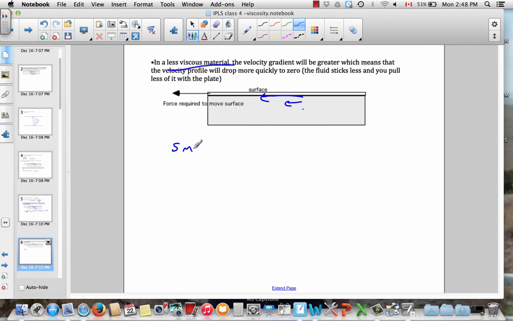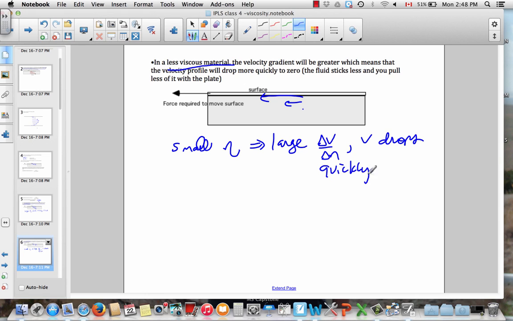So for a small viscosity, there's a very large value of the gradient, and the velocity drops quickly to zero. And this is consistent with the fluid that it's not very sticky.